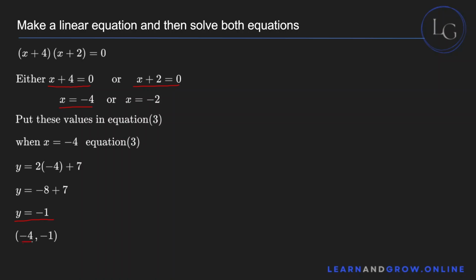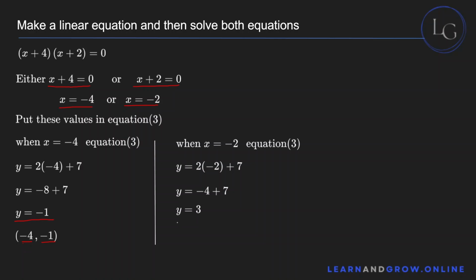So when x is equal to minus 4, y is equal to minus 1. Now when x is equal to minus 2 and you put that into equation 3, you get a value of y is equal to 3, and so you'll get a set over here. So when x is equal to minus 2, y is equal to 3, and this is your solution set. This is the first set and this is the second set.